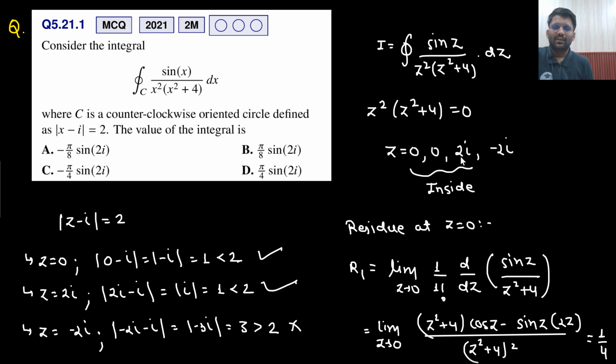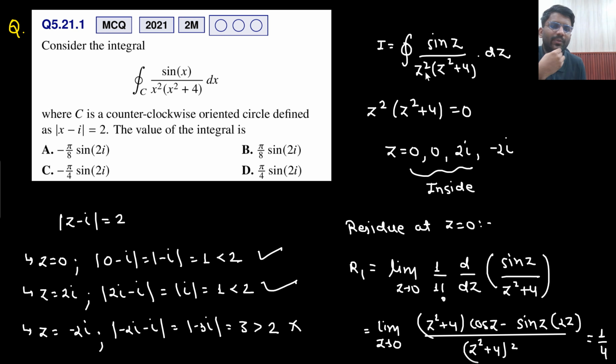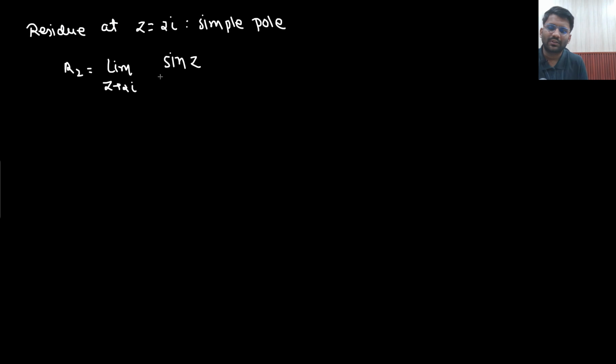Okay. So what about at 2 iota? I need to find out the residue at z equals 2 iota. Sir, it is a simple pole. So for a simple pole we have a method. Residue would come out to be limit z tending to 2 iota, numerator as it is. What is the denominator?